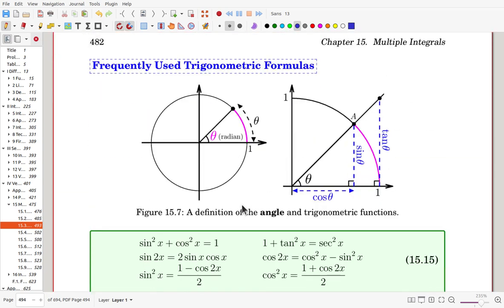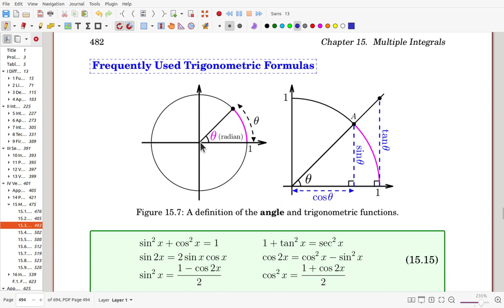Before solving double integral problems in polar coordinates, let's consider frequently used trigonometric formulas. The angle theta can be defined in this way. First, we consider the circle of radius 1 centered at the origin.